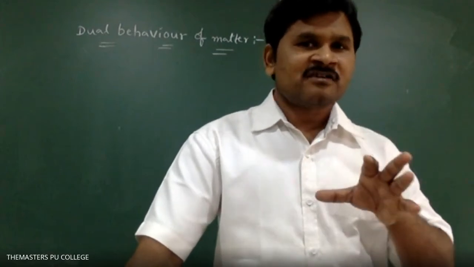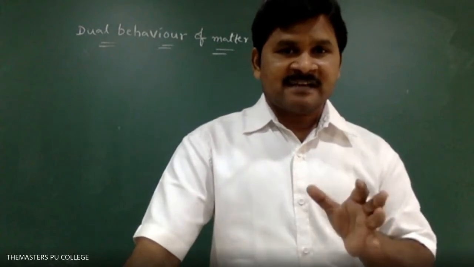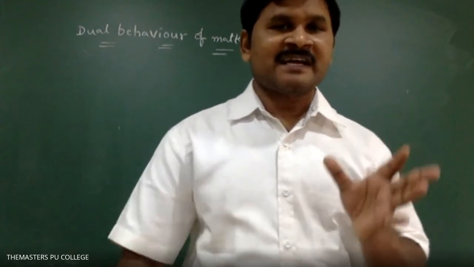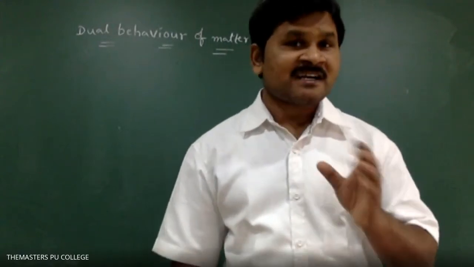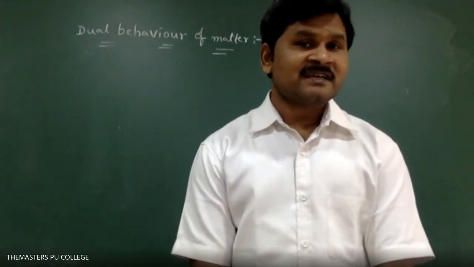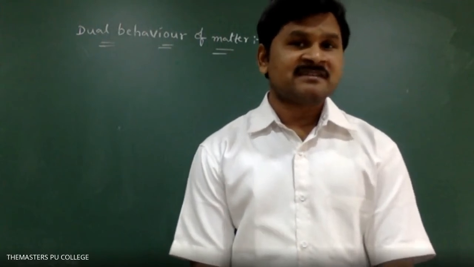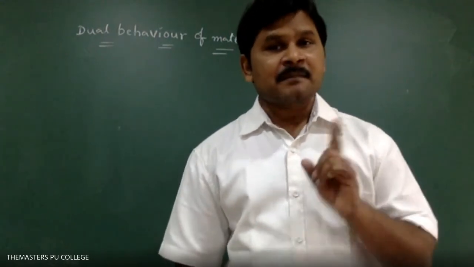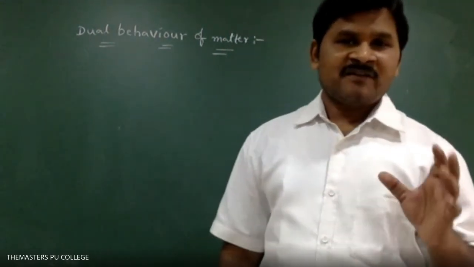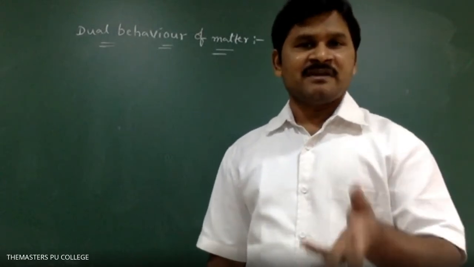According to dual behavior of matter, De Broglie first proved that if you take a charged object, it has two types of behaviors. What are the two behaviors? One is wave nature, another is particle nature. If an object has wave nature as well as particle nature, then it is called dual behavior.